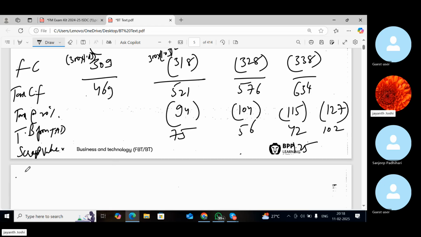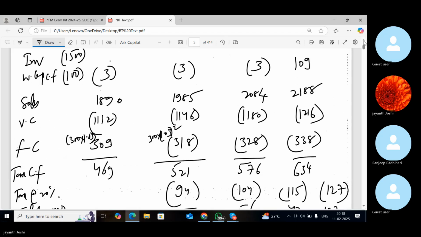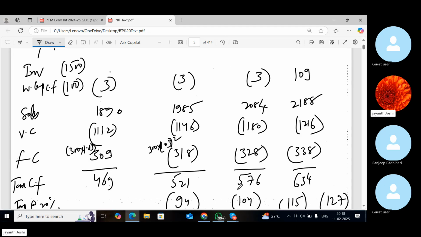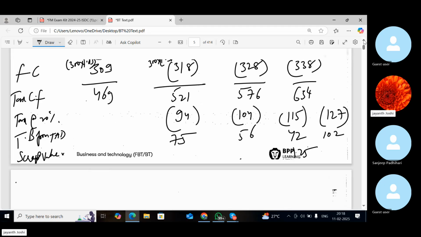Then working capital cash flows have already been taken, so again I won't be taking. Just a second. I have already taken, right? So I need to do the adjustments. Just wait.